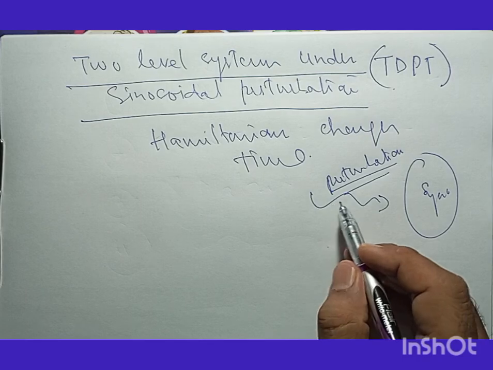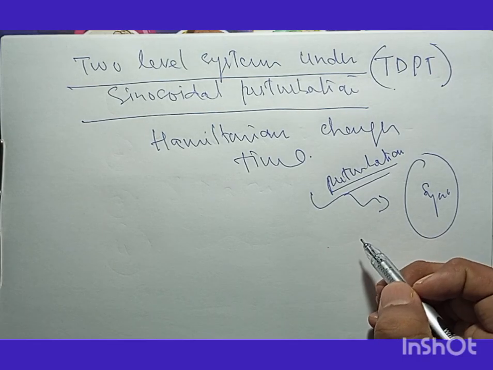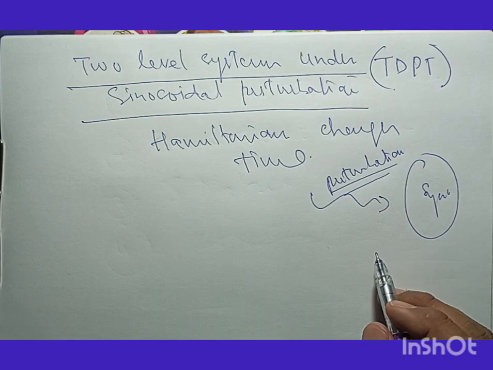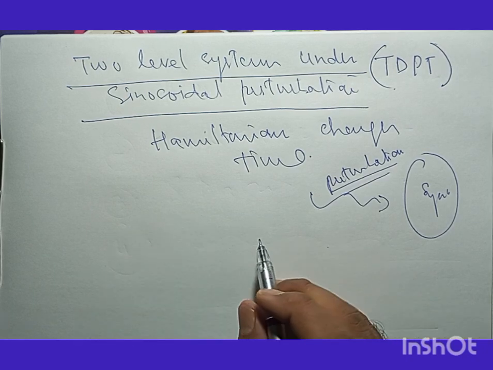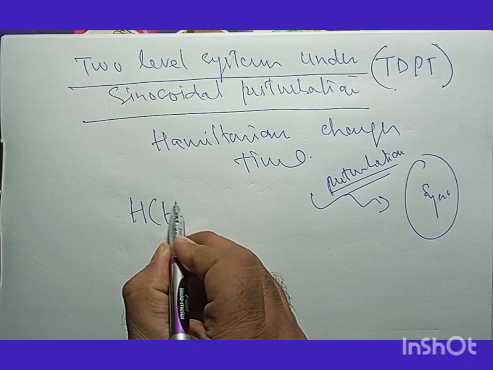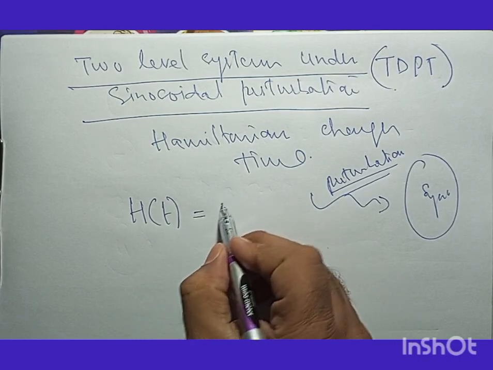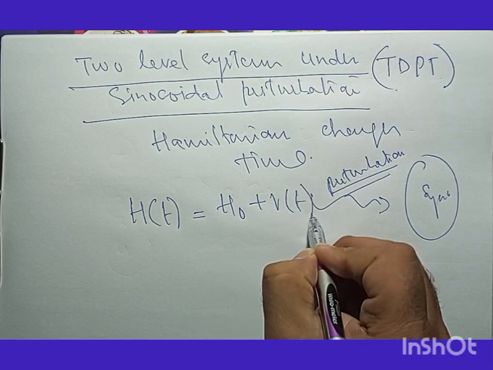I can also call it an external influence, a small external influence that varies over time. For the sake of simplicity, if I write down the total time-dependent Hamiltonian as H of t, it must be equal to H naught plus V of t.